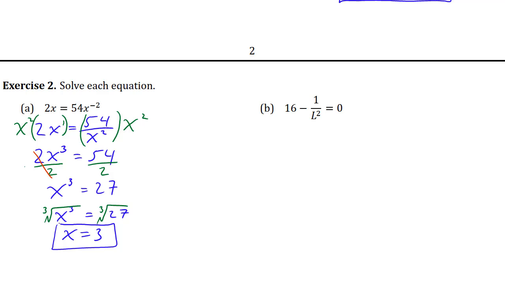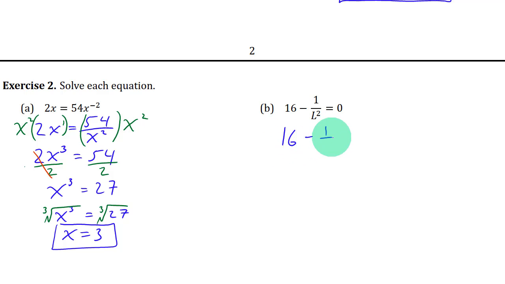All right, this one is also a little weird. Again, the trick is if you have L squared in the denominator, it would be nice to cancel that out. And the best way to cancel out a denominator is to multiply both sides of the equation by that denominator. So that's what I'm going to do.